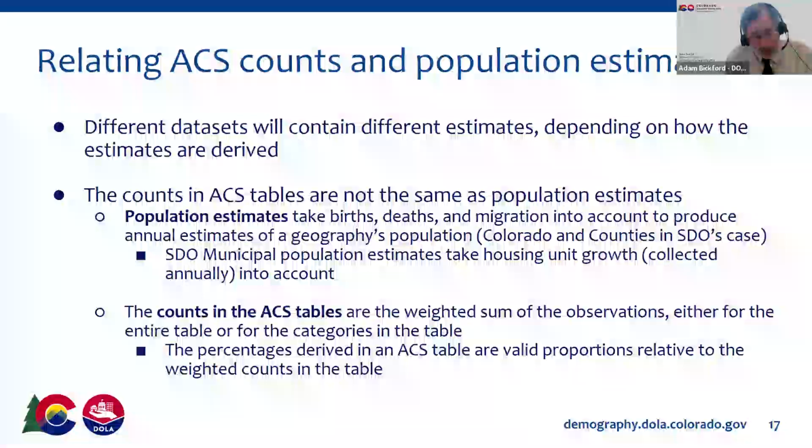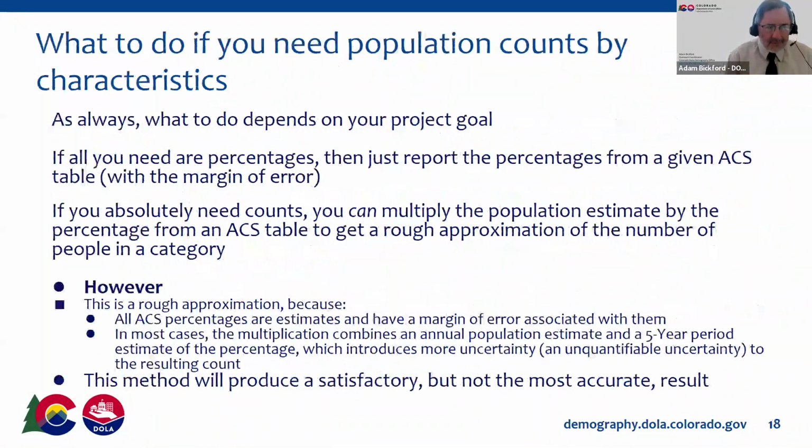Now you can use a percentage because the percentage is valid relative to the weighted counts in the table, but they're not going to be the same when you look at our population estimates. I will get questions that say, look, your population estimate says that there are X number of people in this geography, but the ACS says there are Y number of people in that geography. What's wrong with the ACS? Well, that's not the proper approach to this. And we'll talk about this in a second.